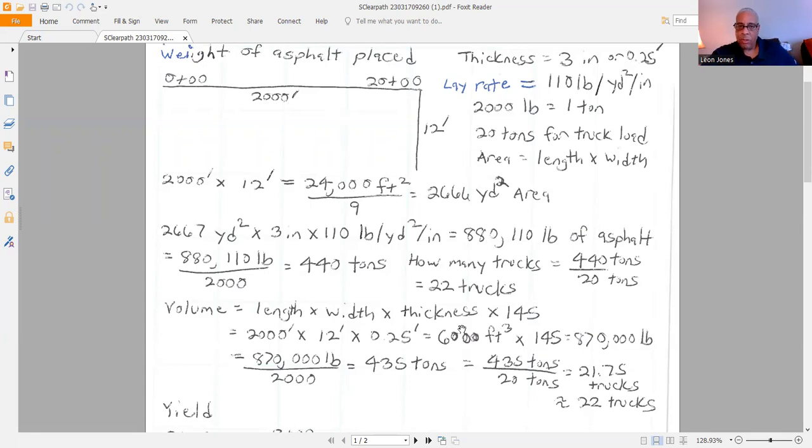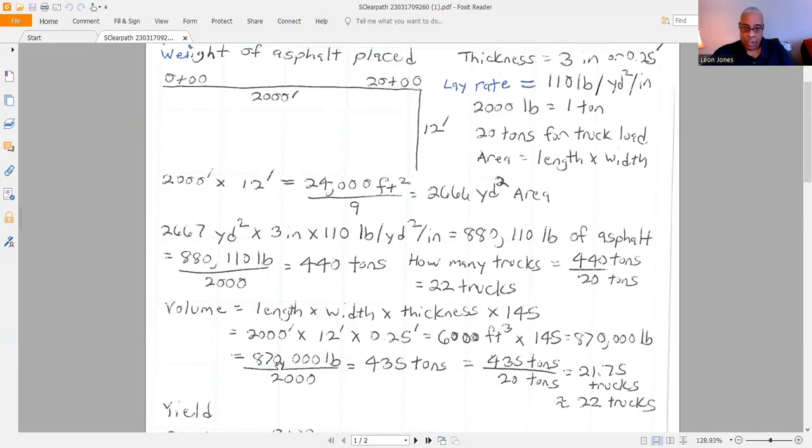And what does that do? That gets rid of cubic feet. And I came up with 870,000 pounds, roughly close when you utilize the volume. When I utilized the equation from the volume, I was also real close.